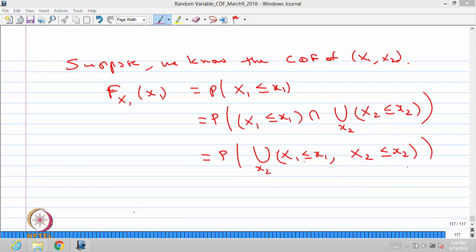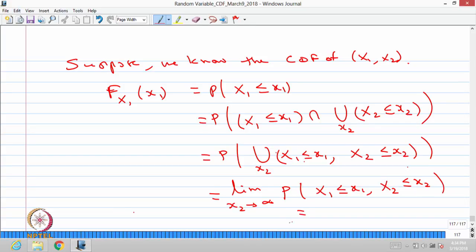That is the same as, the P of union is nothing but the limit as x2 tends to infinity of P of X1 less than or equal to small x1, capital X2 less than or equal to small x2.